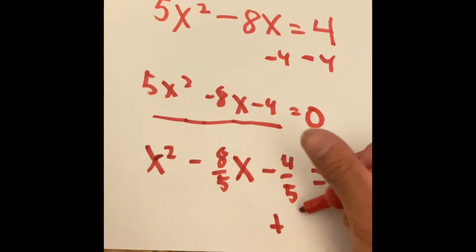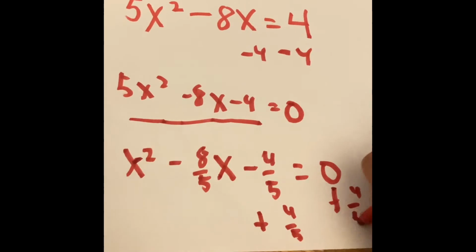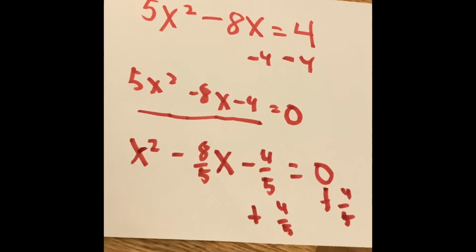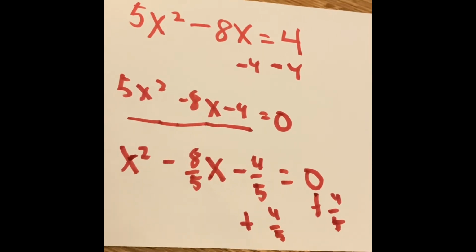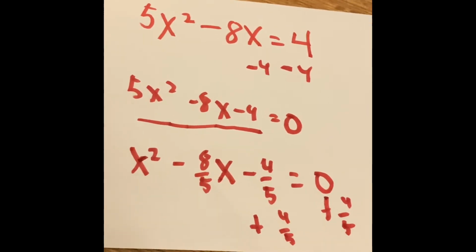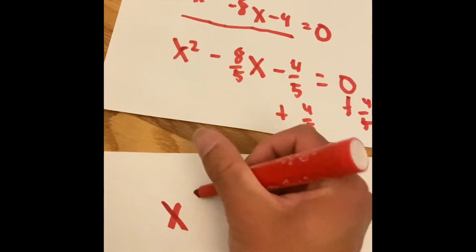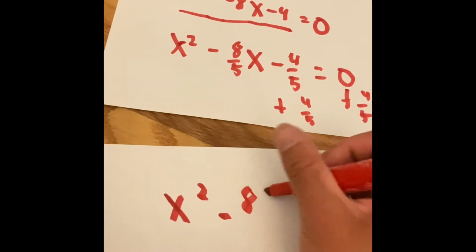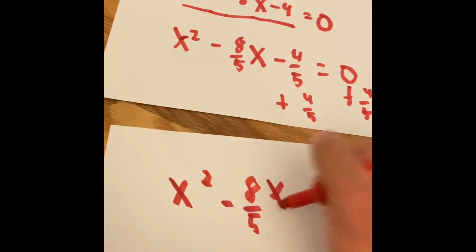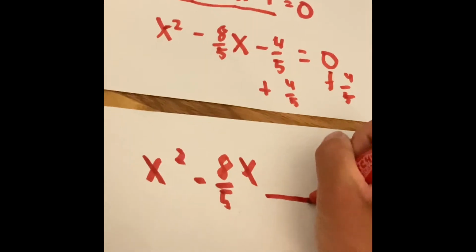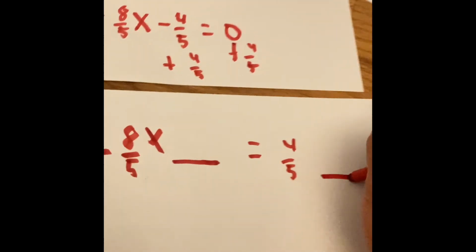Add 4 over 5 to this side, and add 4 over 5 to this side. When we move that back to the right side, we literally wrote it in a different way, but it has the same value. x squared minus 8 over 5 x, missing number, equals 4 over 5, missing number.